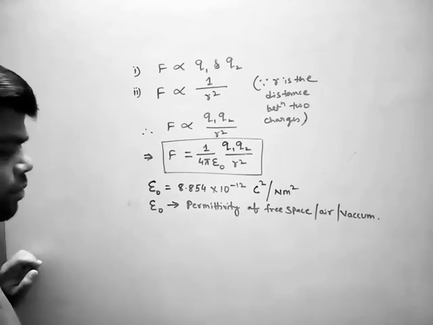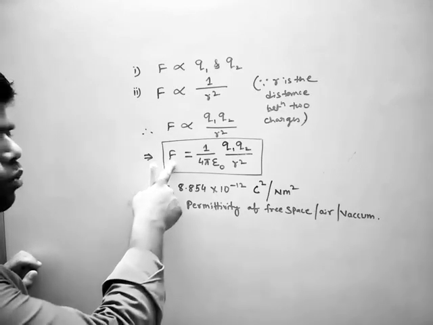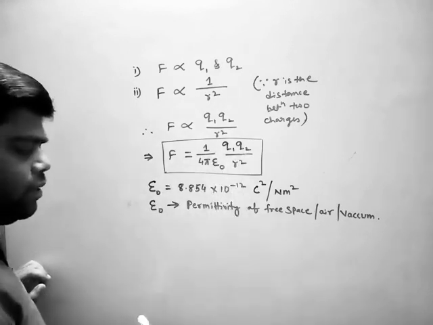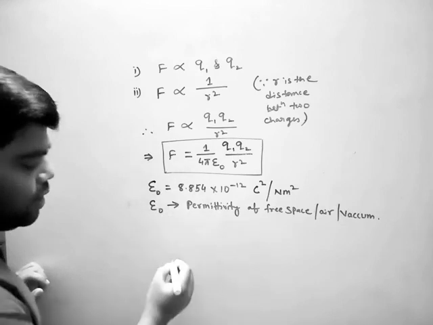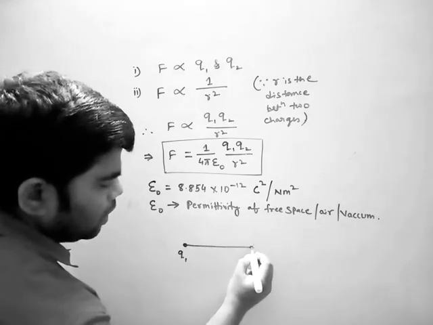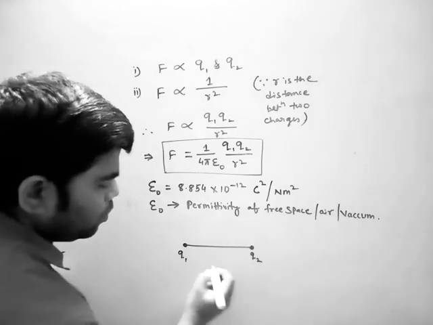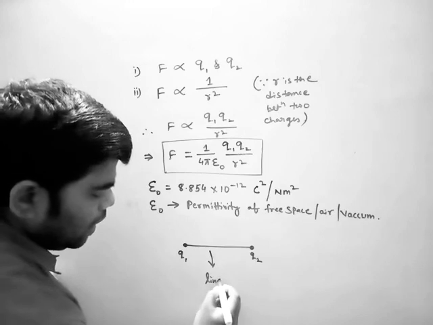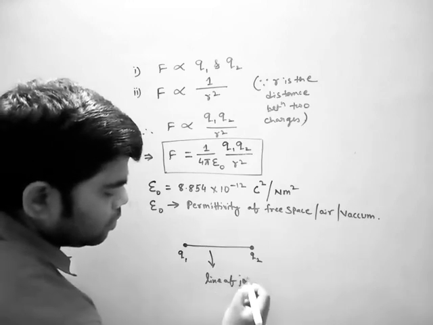This Coulomb's law also finds the force between the two charges. Always keep it in mind, the diagram should be like this. This is one charge Q1 and this is another charge Q2. The line joining them is known as the line of joining.